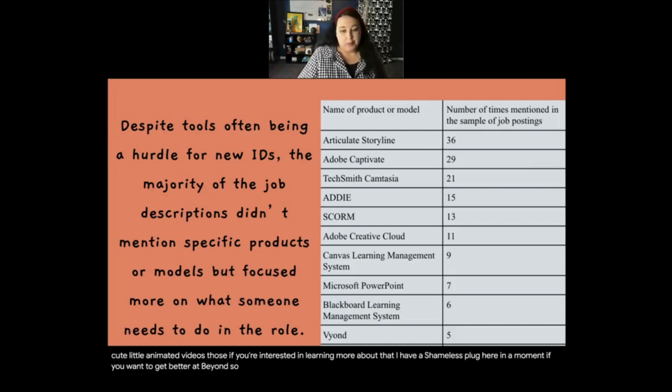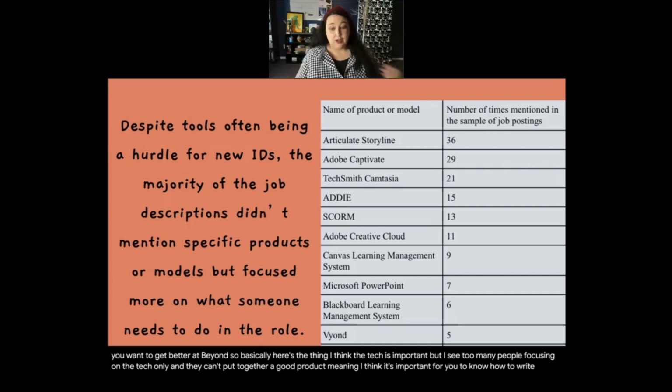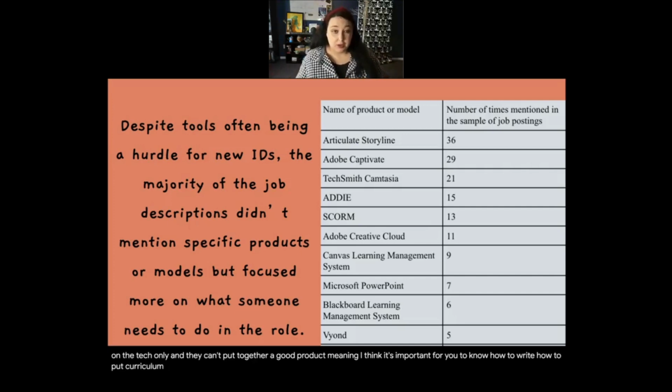So basically, here's the thing. I think the tech is important, but I see too many people focusing on the tech only and they can't put together a good product. Meaning, I think it's important for you to know how to write, how to put curriculum together well, and how to scaffold, how to basically put together material in a way that someone can learn.